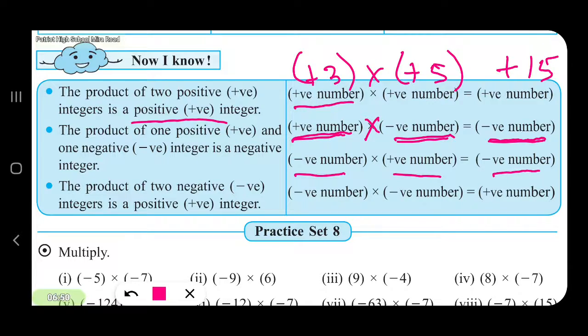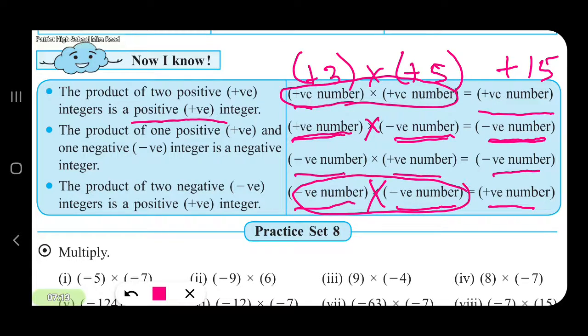But if both numbers are negative, the product obtained by multiplying them will be positive. If both numbers are positive, you get a positive product.